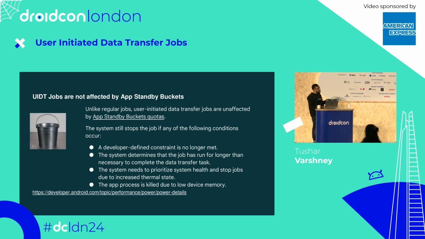UIDT jobs are not affected by the app standby bucket. This is one of the important points which motivated me to look into UIDT jobs. Basically, what it tells is that even if your app is in certain specific buckets by the system, you can still schedule the work using the UIDT API. Having said that, the system can still stop the job if some other conditions occur.